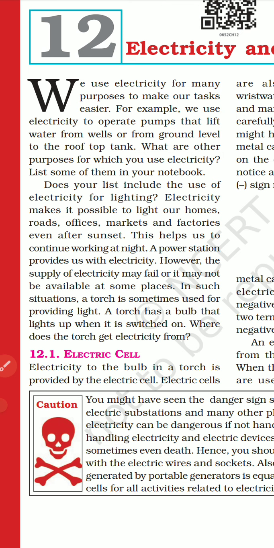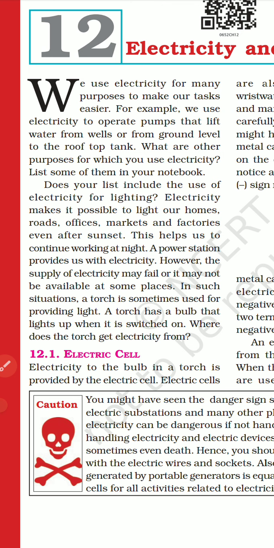Isn't it? We all know that without electricity we can't do anything. Now we are so dependent on electricity. But there are times when there is no electricity at our place. Then what do we do? We do nothing, isn't it? But for light at least we have, what do we have? We have a torch.